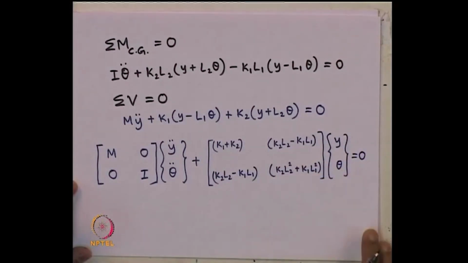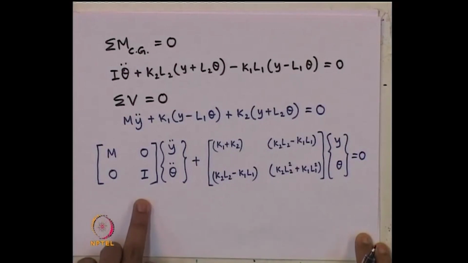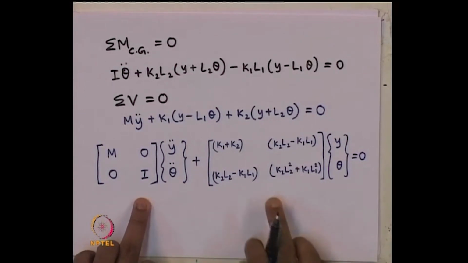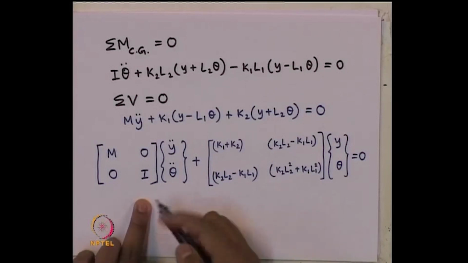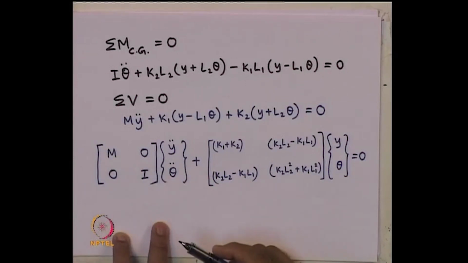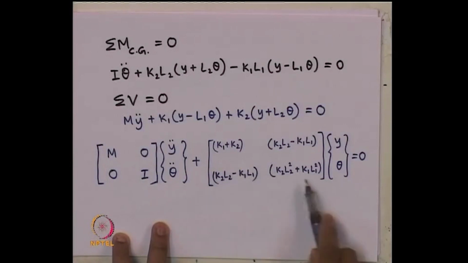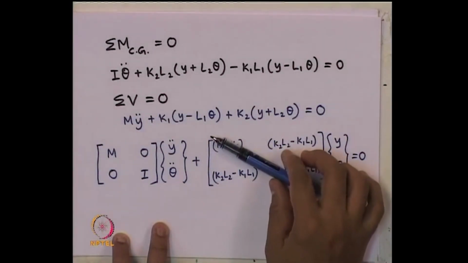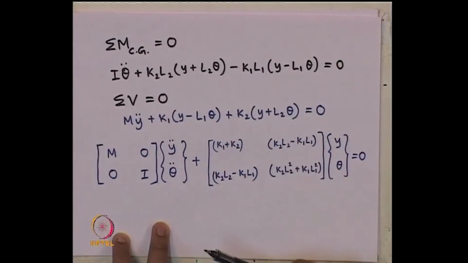We considered the free vibration case. So, this is our mass matrix, this is stiffness matrix. You can see the mass matrix is diagonal, the stiffness matrix is symmetric. These two are the same elements, but it is coupled.